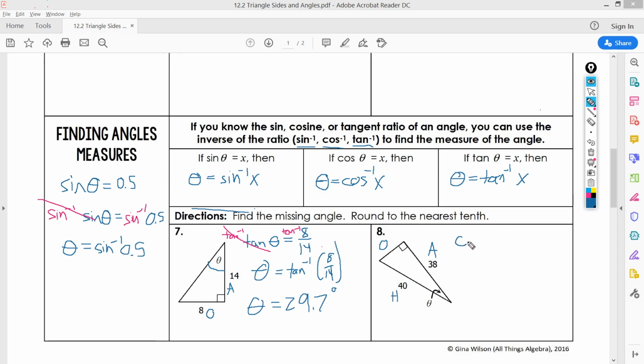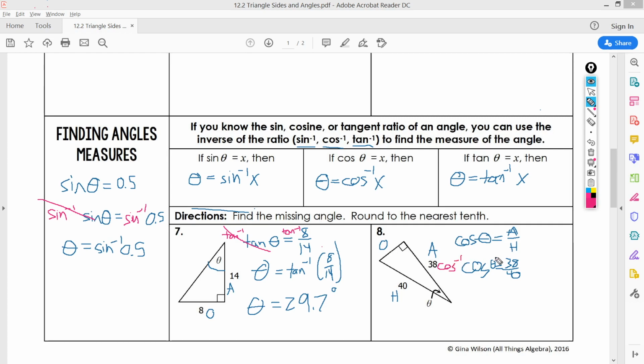So I do cosine of theta equals A over H. A and H are 38 over 40. So cosine of theta equals 38 over 40. So to solve for theta, I do inverse cosine on both sides.